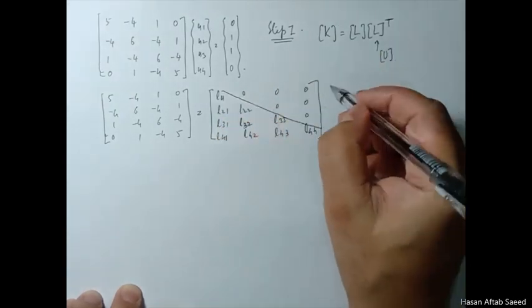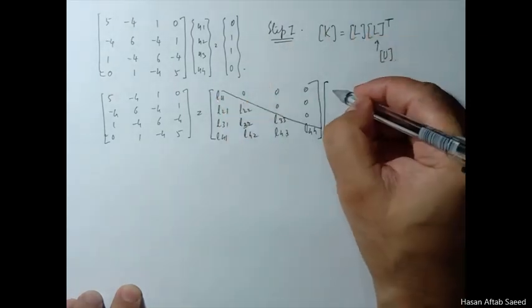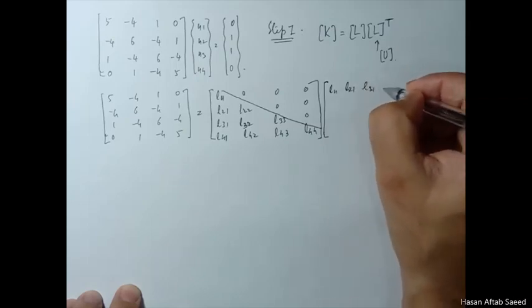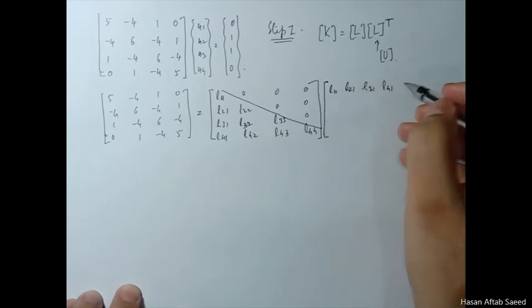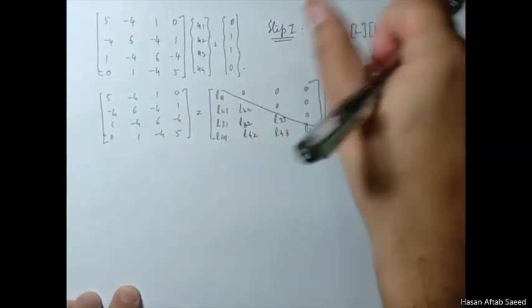Now the next one is simply going to be the transpose of this, so you can write it like this: L21, L31, L41, 0, L22, L32, L42, L33, L43. You just transpose this here.